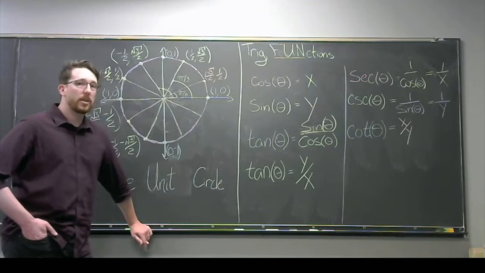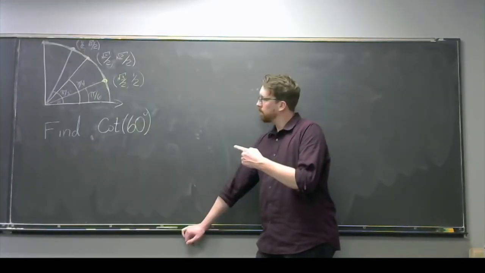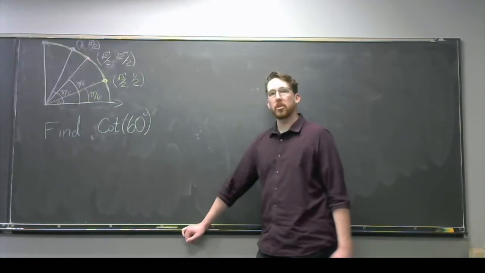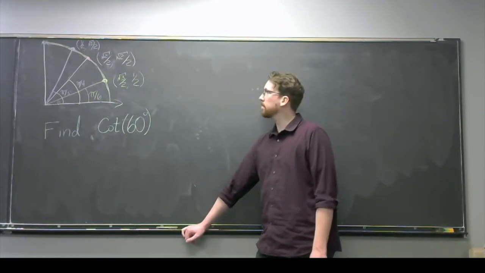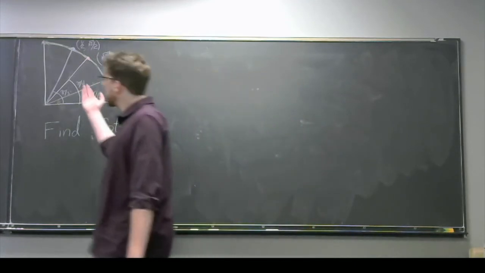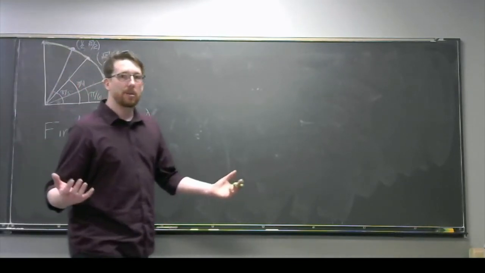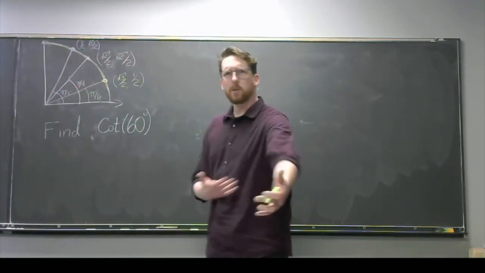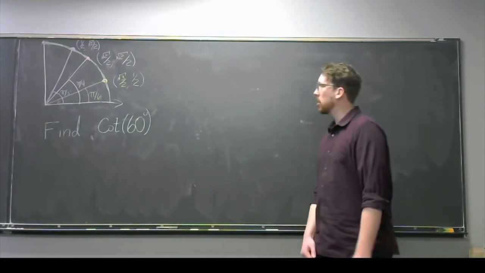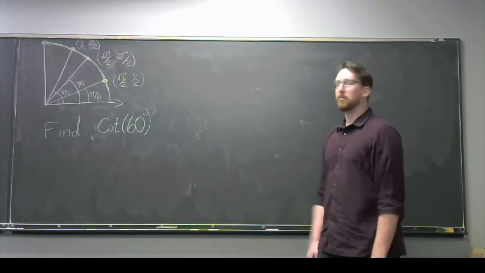Let's look at a couple of examples. So let's say we're asked to find the cotangent of 60 degrees. We don't know what the cotangent of 60 degrees is because the unit circle is given to us in radians. So how are we supposed to solve this? Step 1, turn the degrees back to radians.